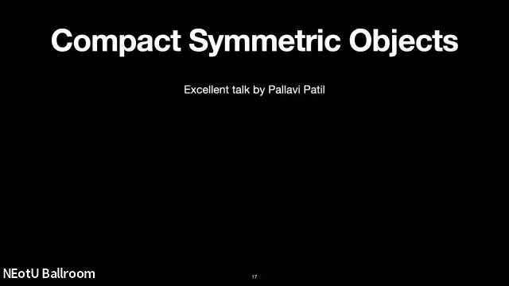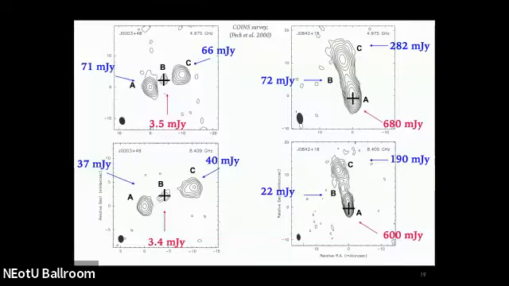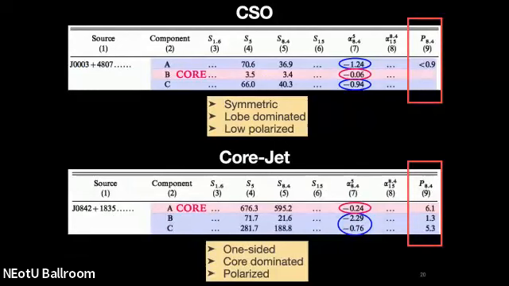So another topic: polarization in compact symmetric objects. I skipped the introduction, given in the excellent talk by Patil. Thank you very much. And I'm focusing on the polarization. So here's the introduction: compact symmetric objects, CSOs, have low polarization.